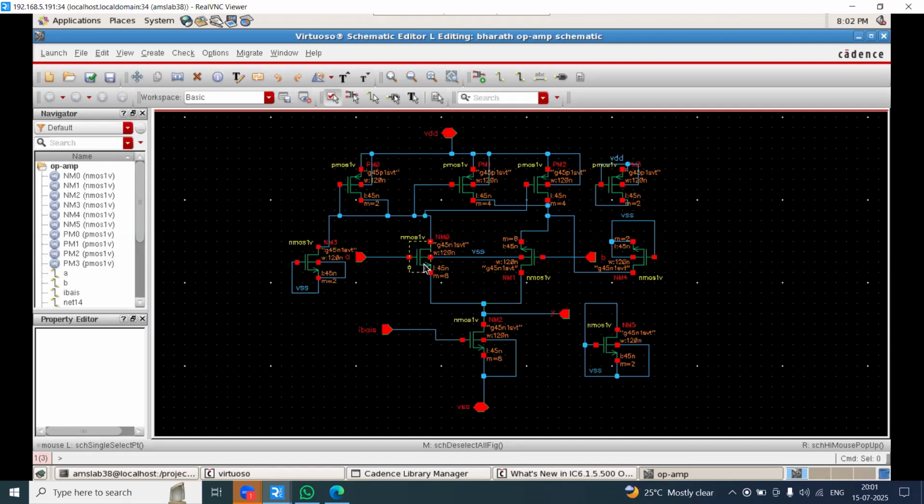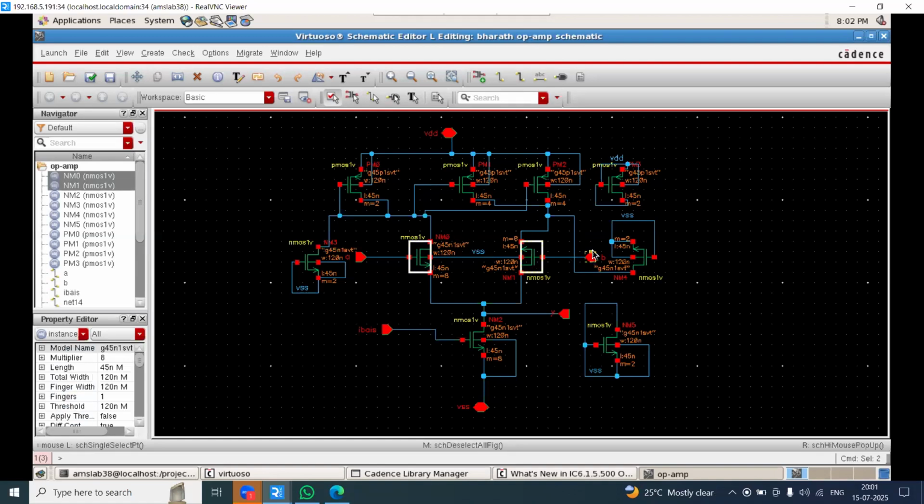Now we go to the diff pair, the differential amplifier. A differential amplifier is a circuit which compares two differential inputs.